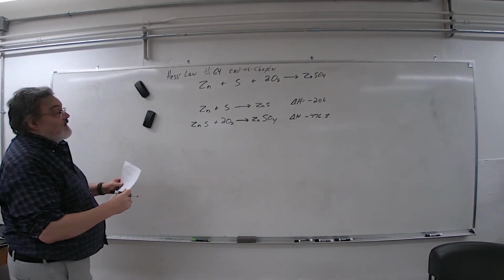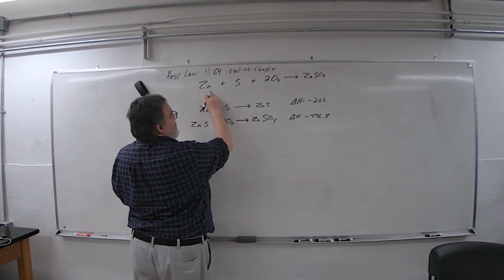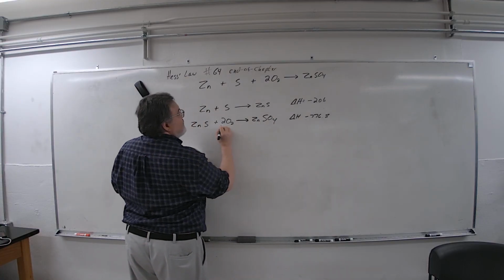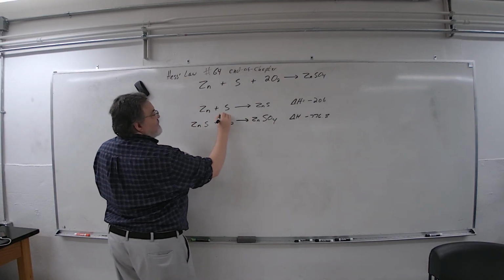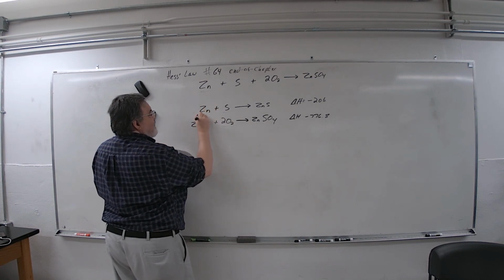First thing to recognize, we need Zn by itself. We need O2 on the left, so there's O2 on the left. There's S on the left. There's Zn on the left. So these we want to keep.